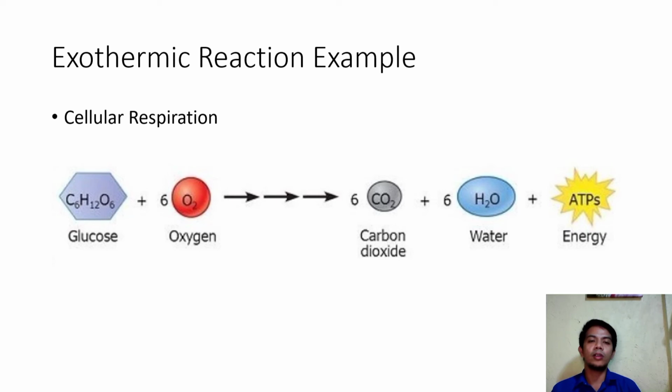The sugar molecules in our body break down into carbon dioxide and water molecules, and they release energy. The energy released during the breakdown of sugars is used in the synthesis of ATP, which is the energy carrier molecule of the cell.